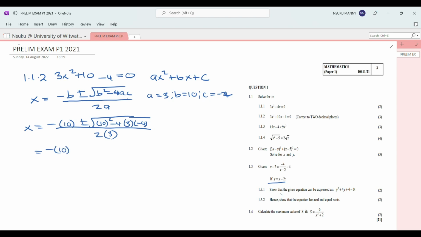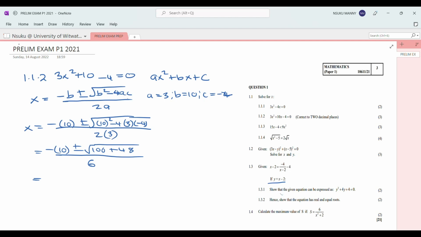Inside the bracket we have 10 squared, which is 100. We have negative 4 multiplied by 3, which is negative 12, multiplied by negative 4, which will give us positive 48. And obviously we're going to square root that, all over 6, since 2 times 3 is 6.